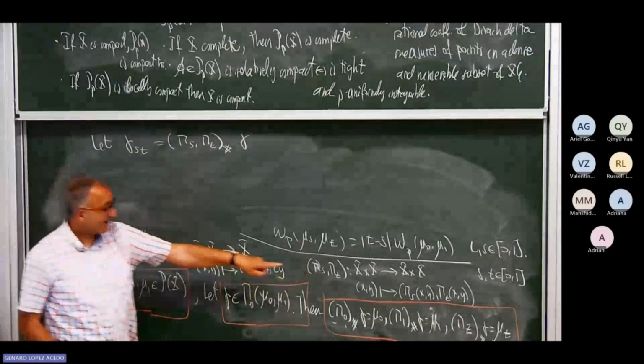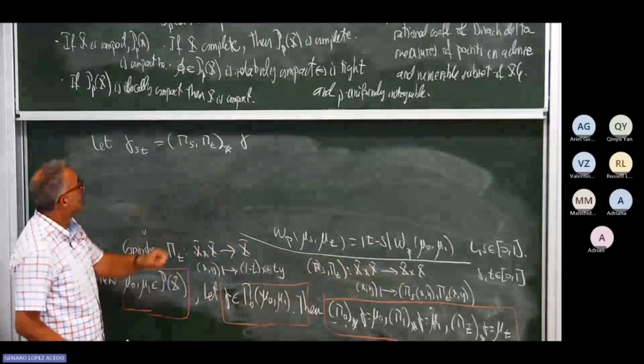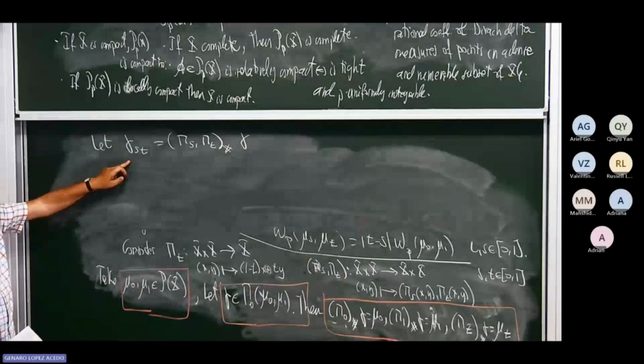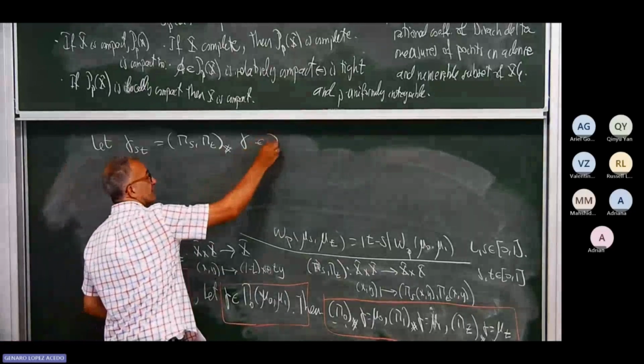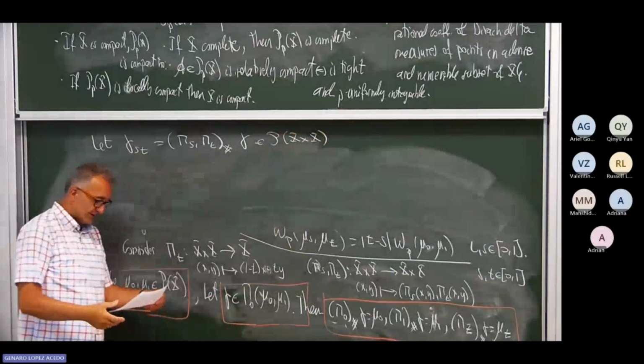It's just a mapping from X times X to X times X. So we would have a measure like that. It belongs to the probabilities of X times X, right?